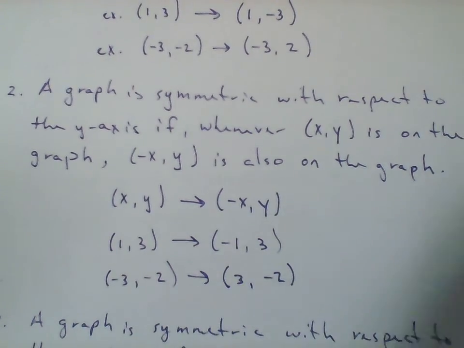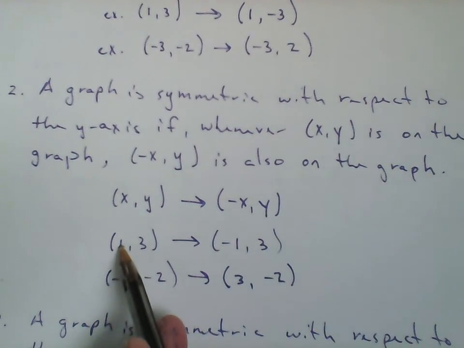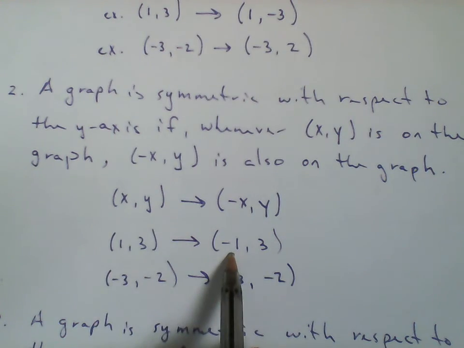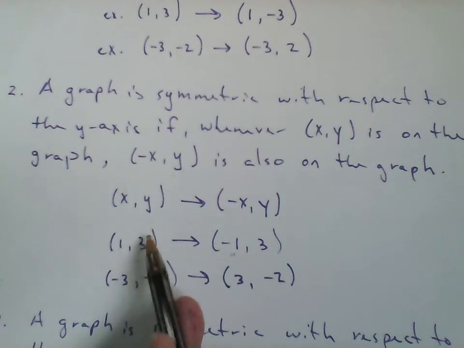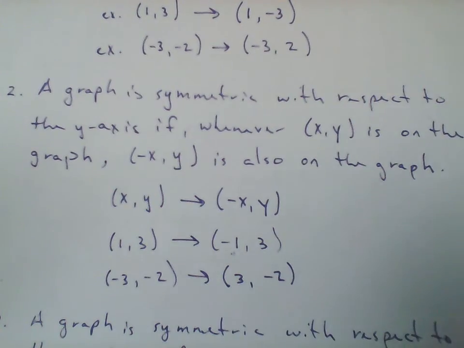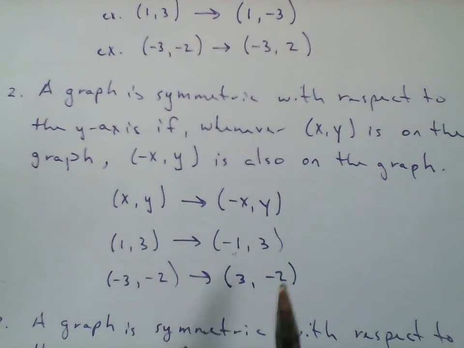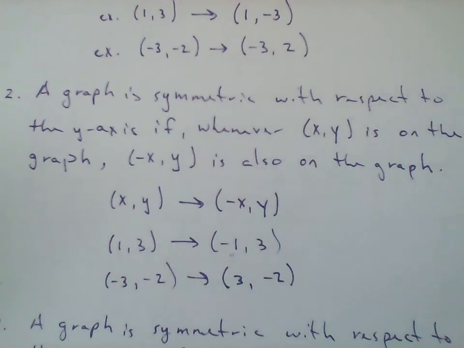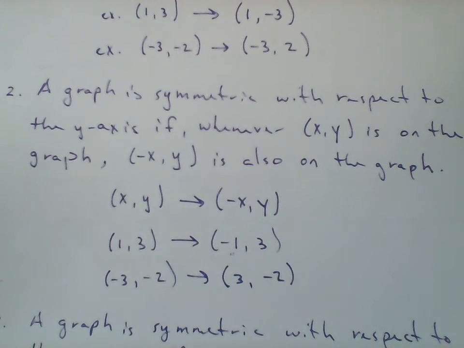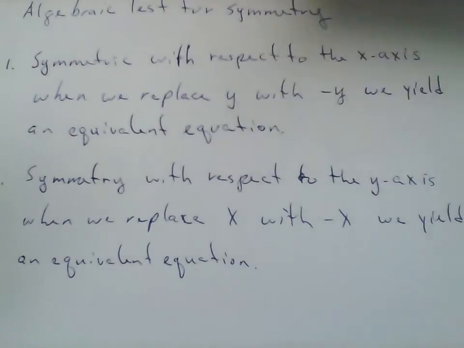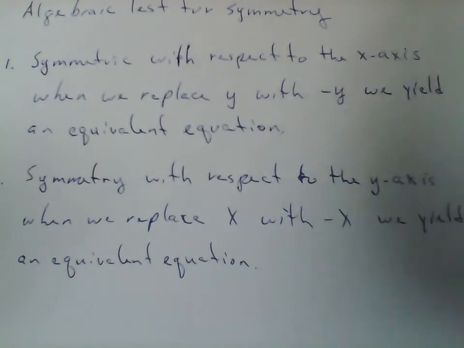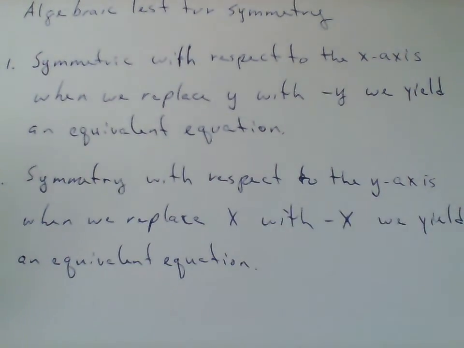But what we're saying is that whatever I put in for 1, if I replace 1 with negative 1, my y, my outcome is going to be the same, right? If I replace negative 3 with 3, I'm still going to yield negative 2 on both of those, right? So if I'm changing the sign of the value of my x, I'm going to yield the same y. That's ultimately what we're saying with that.